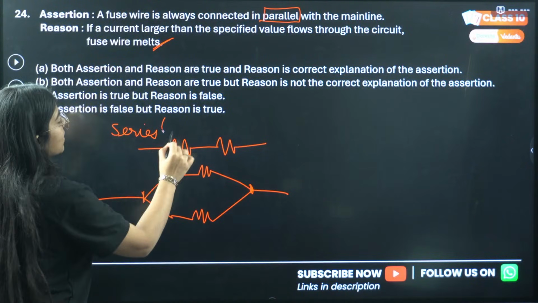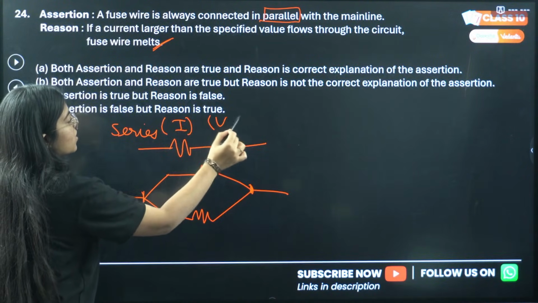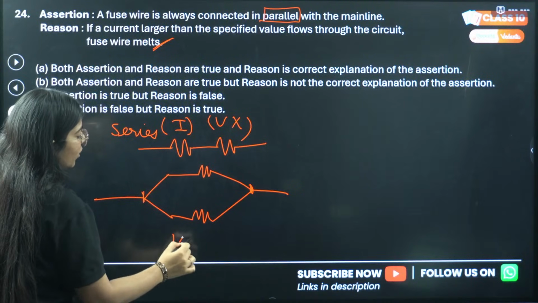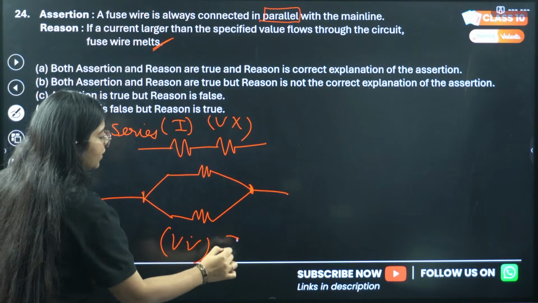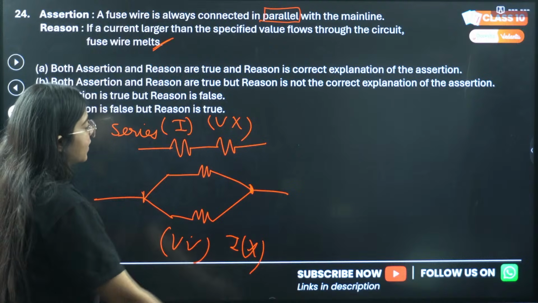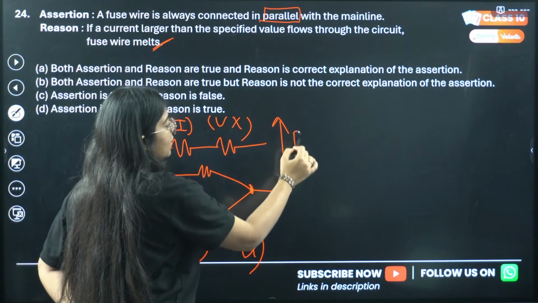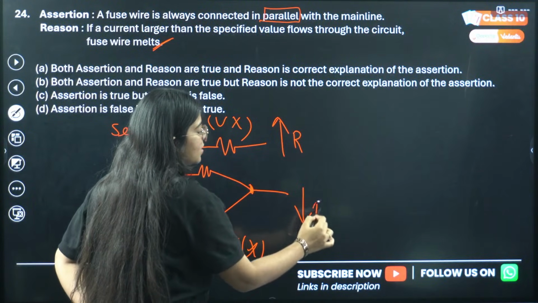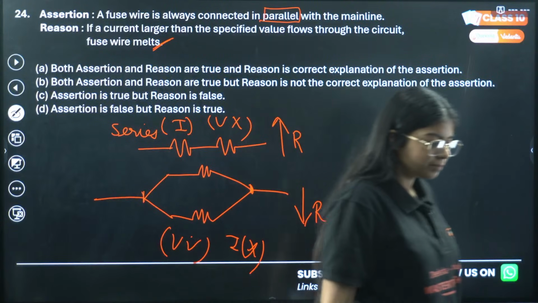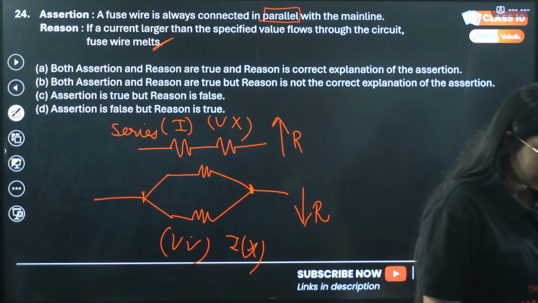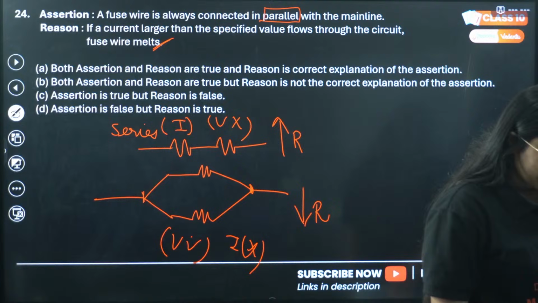In series, current remains the same, voltage is different. In parallel, voltage remains the same and current is different. In series, overall resistance increases. In parallel, overall resistance decreases. Okay. D. Everyone is saying D.